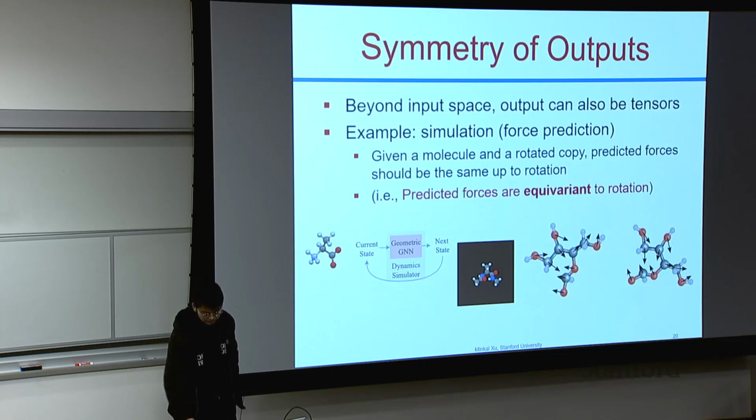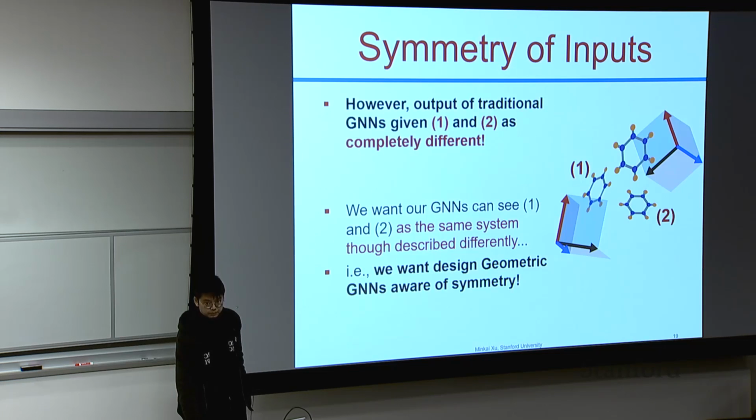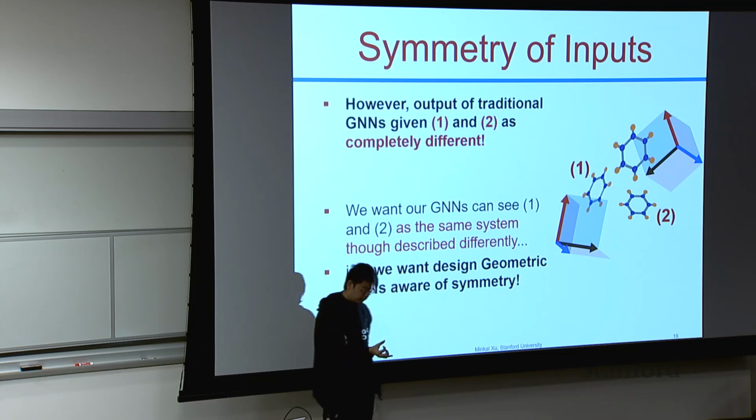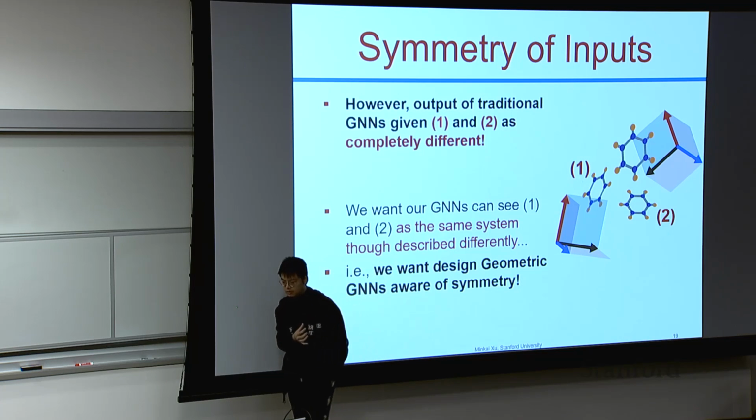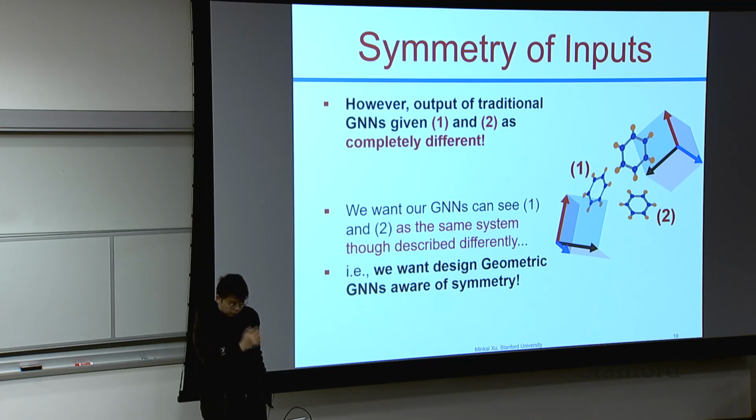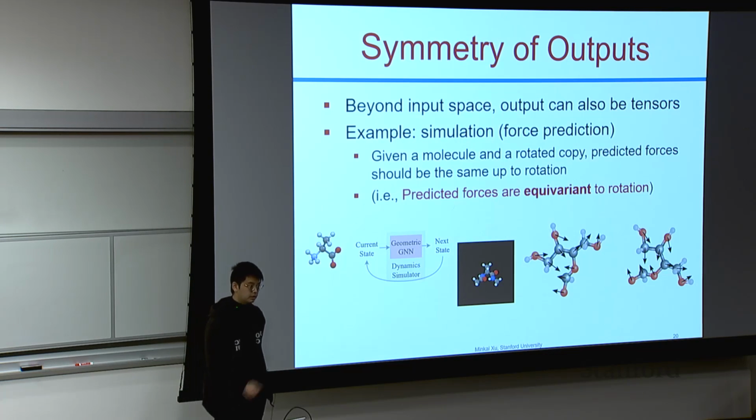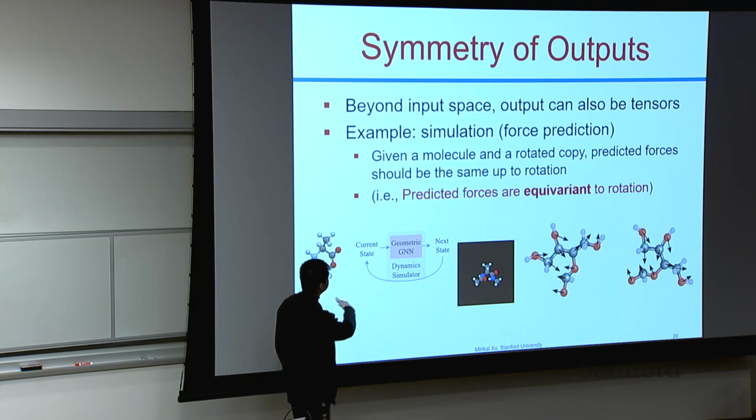Okay, the previous slide is mainly about the input space. When the input space changes by symmetry, rotated or translated, we want the prediction to stay the same. But for the output space, there is also some symmetry, which I have mentioned before.